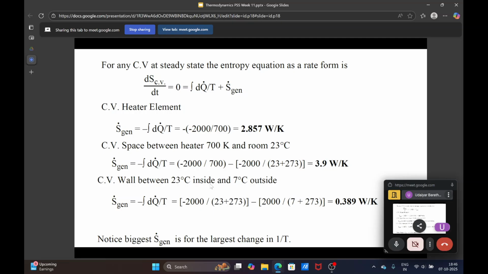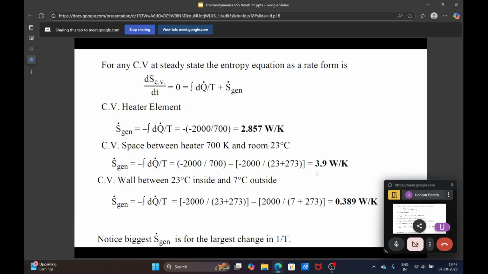One more observation you can make is that in the second case, the temperature difference between the heater and room is very large, and that causes a very large rise in entropy generation. Similarly, when you come across the wall, which is at 23 degrees Celsius and 7 degrees Celsius, the temperature difference is not that large compared to what was there between heater and room.